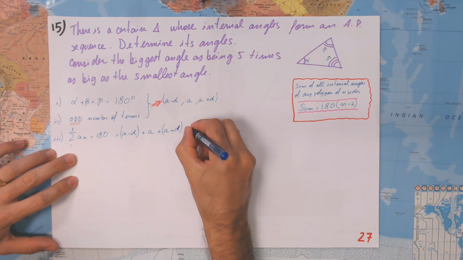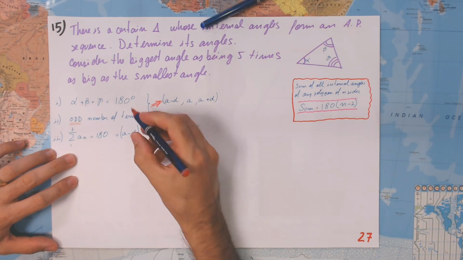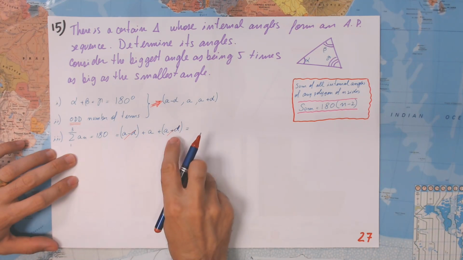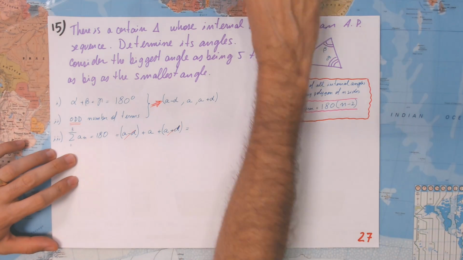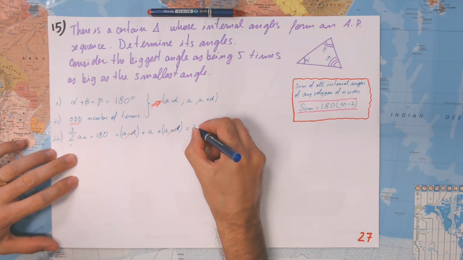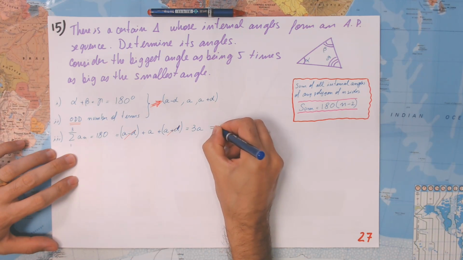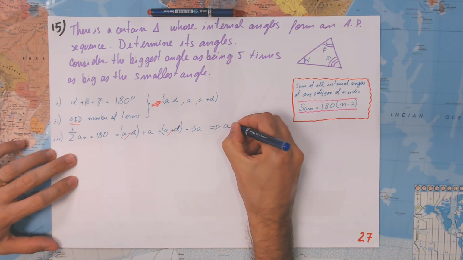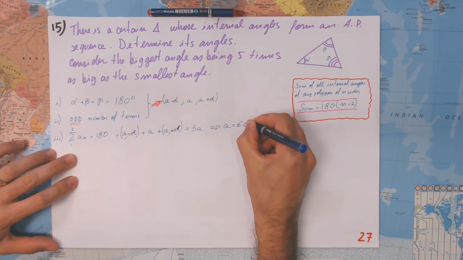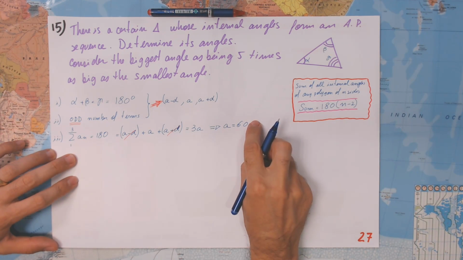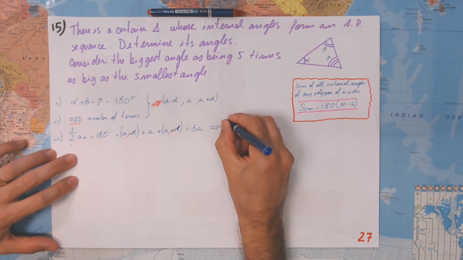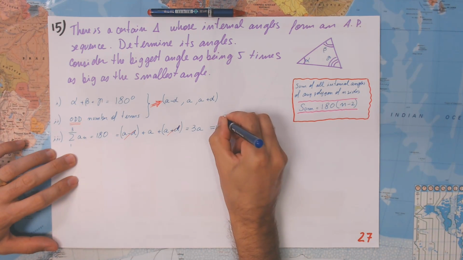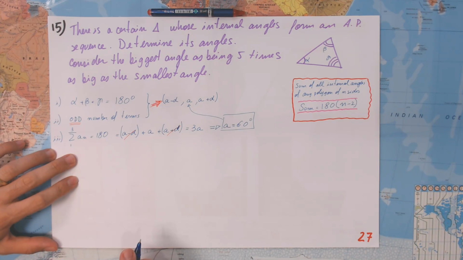This is going to be 180, but look, plus D with minus D cancels, and now this is just 3A. From here we get 180 equals 3A, meaning that A is going to be 60 degrees. So we already know the middle angle. This is 60 degrees.